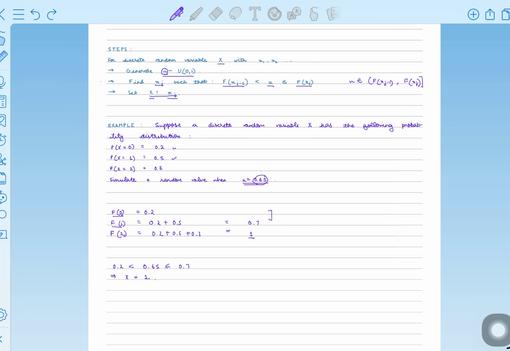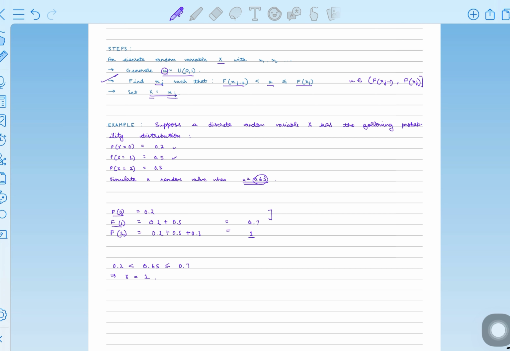We find xj such that the random value lies between F(xj minus 1) and F(xj). Here, F(xj) is represented by 0.7. Therefore, according to the steps we'd studied earlier, we set x equal to xj. Since F of 1 gives us 0.7, the value of xj here is 1. This gives us x is equal to 1.